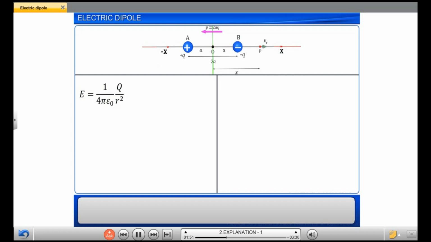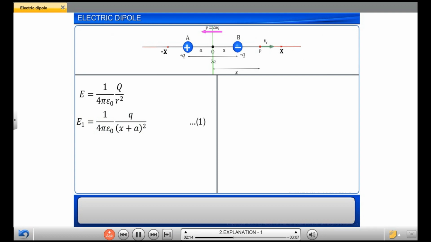Following the expression, the magnitude of the electric field strength E1 due to the charge +Q is equal to 1 by 4 pi epsilon naught Q by (x plus a) square. Let this be equation 1. The direction of this electric field is opposite to that of the dipole moment.